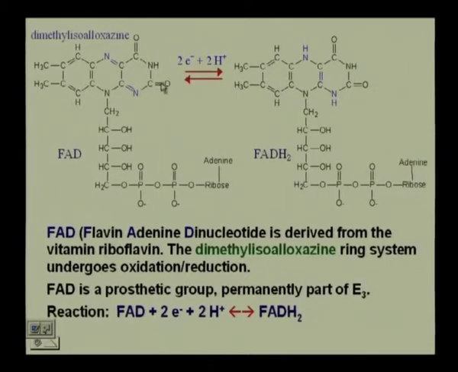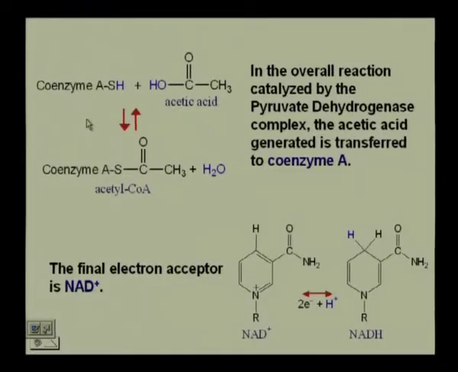Okay. Then we also have FAD. FAD is part of enzyme part E3. Okay. So, we have E1 that is TPP, E2 that is that lipoamide, and E3 that is our FAD. Okay. So, basically what is happening?